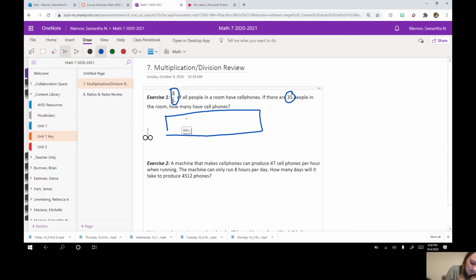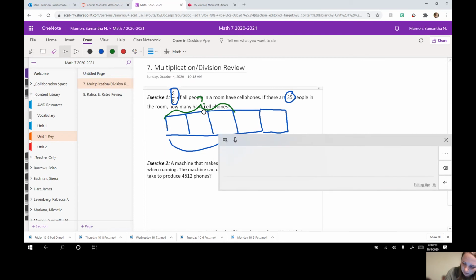So I'm going to break this into fifths. 1, 2, 3, 4. Didn't make it long enough. Okay, so there's my 5 pieces. I know there are 35 people in the room, and I know that for 3/5, this many have cell phones. So this is what we're trying to find.